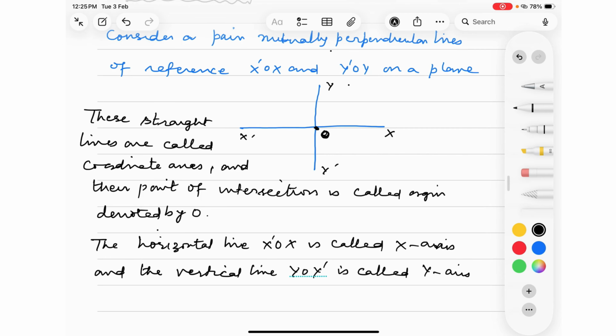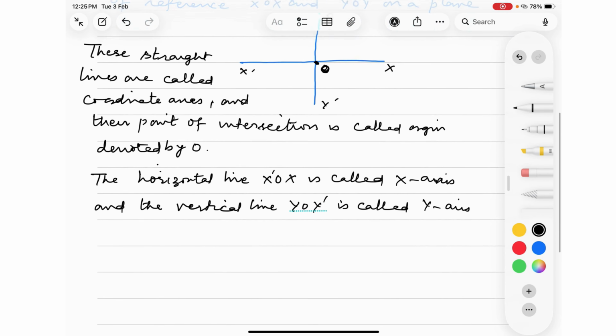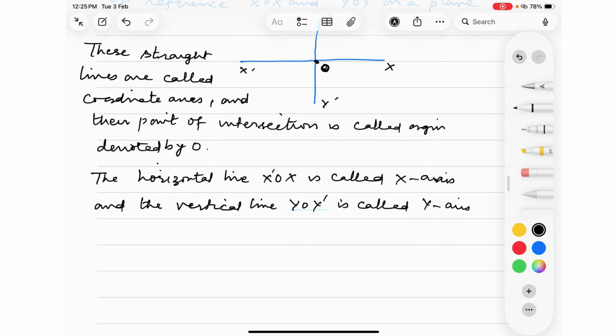These two lines, the horizontal line and the vertical line, are called coordinate axis.